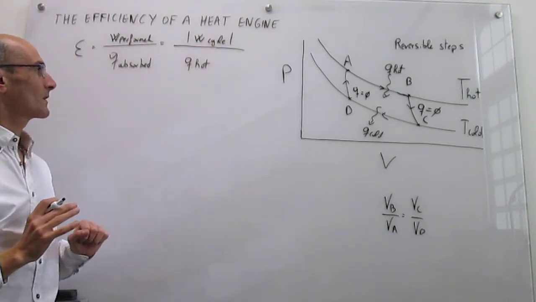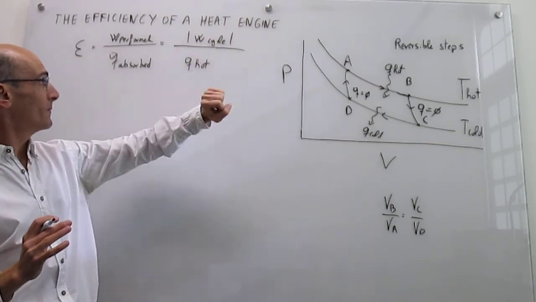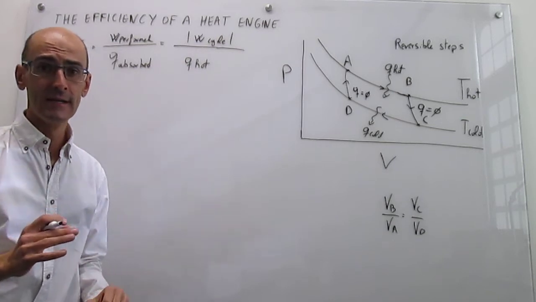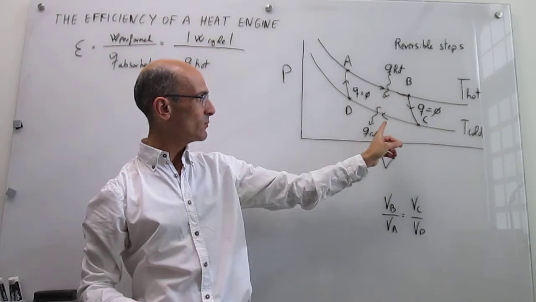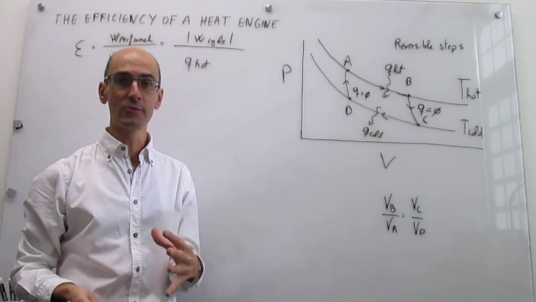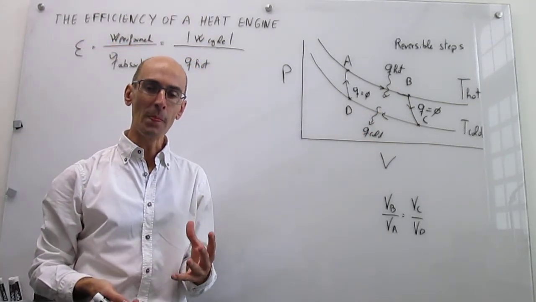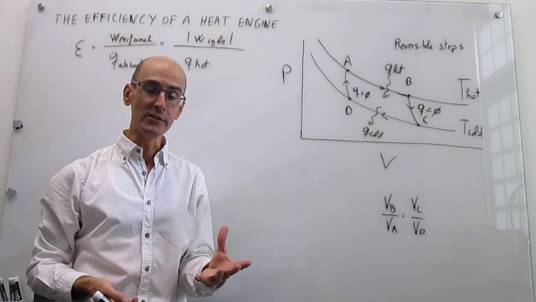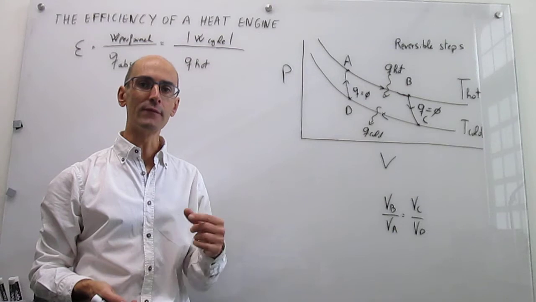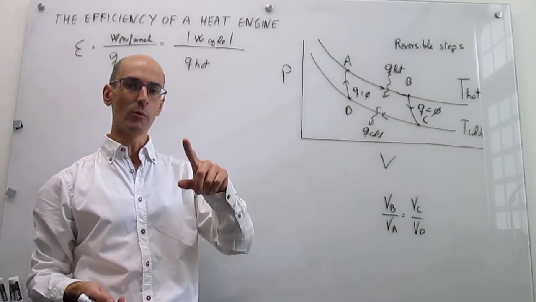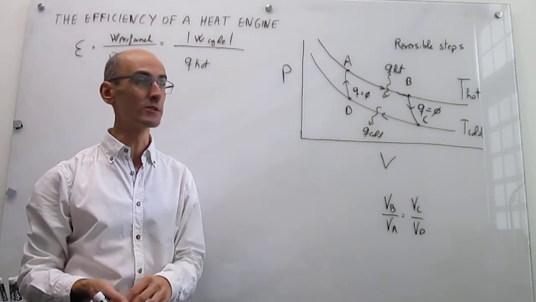All right, so let's see what the work in the cycle is. Instead of calculating explicitly the work in each one of the 4 steps, we're going to use a trick that is quite useful. Remember that the internal energy does not change in the cycle. The internal energy is also a state function, so when you go around the cycle, delta U is equal to 0.